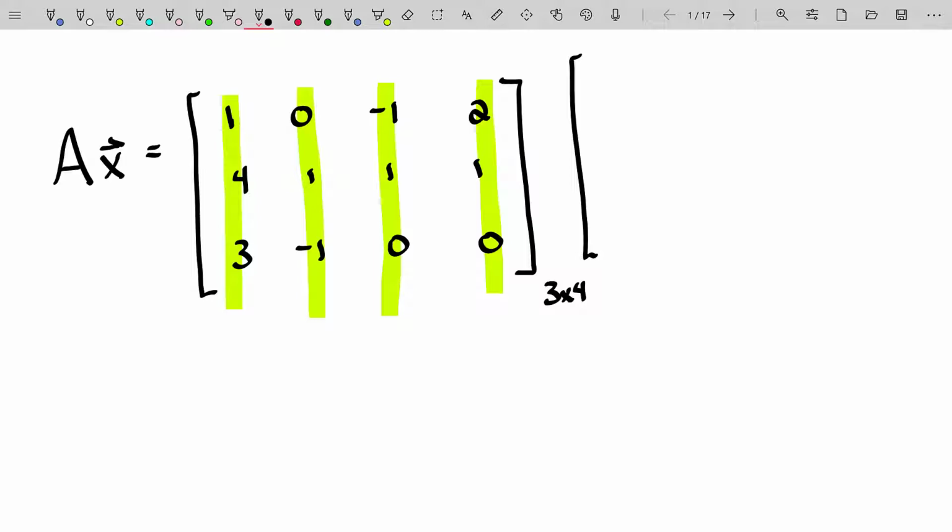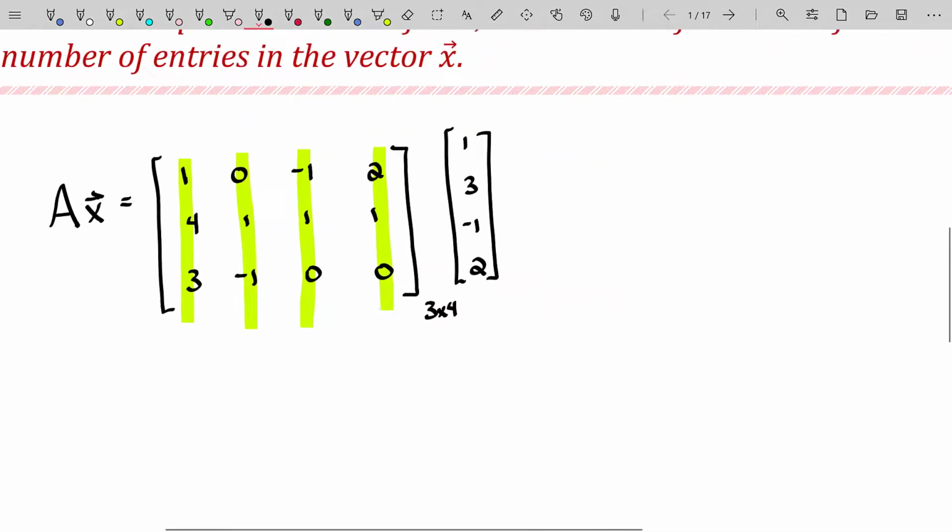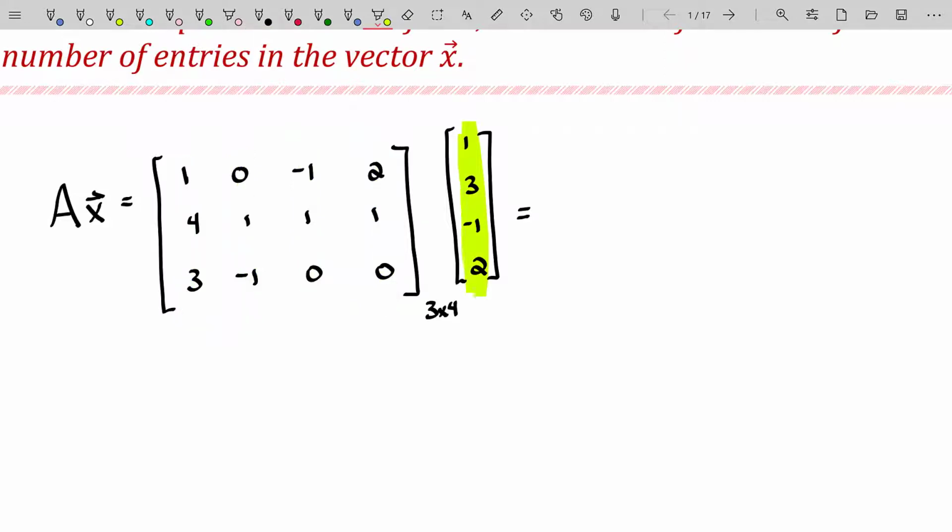And I'll just make my entries easy. I originally had some zeros in there, but I decided that's probably not the best way to see this. So let's go ahead and see what that matrix vector multiplication is going to look like. Well, you're going to overlay this vector, you're going to pick it up and turn it on its side to showcase the columns that each entry in X are going to touch.